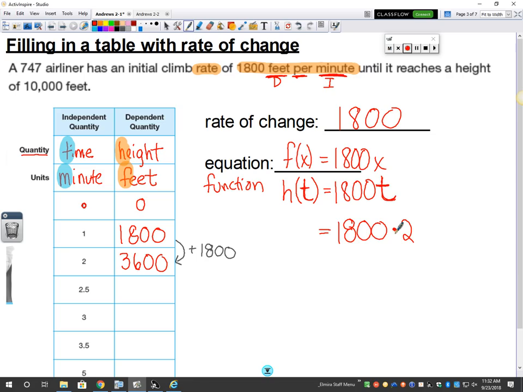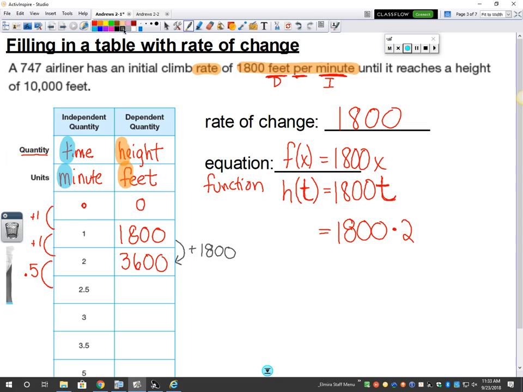Now, be careful because the next row, we're not going to simply add on 1,800 more. On this side, 0 to 1, we went up by 1 minute. 1 to 2, we went up by 1 minute. But 2 to 2.5, we only went up by a half a minute or 30 seconds. So we're not going to go up by 1,800 again.